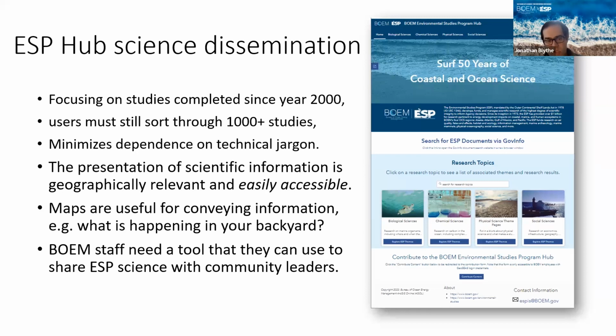It's making this information geographically relevant and easily accessible to them, and leveraging maps as much as possible, because these people usually want to know what's happening in their region or in their backyard. So presenting this information geospatially is an important component, and this tool is built on the ArcGIS Online platform, so it's geo-enabled natively. We send people from this web interface, the ESP Hub, or the Esri Hub, the AGOL Hub, and they navigate.